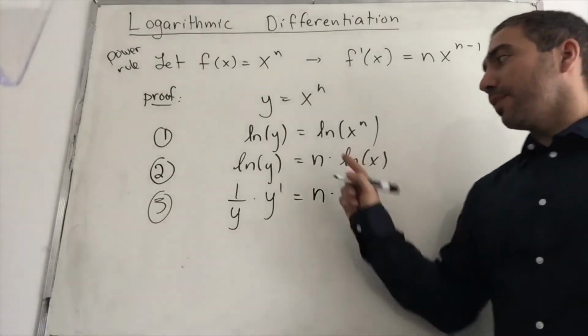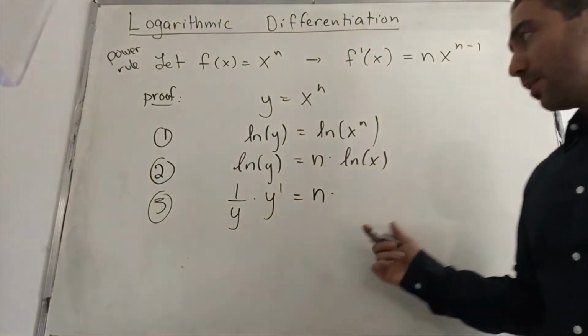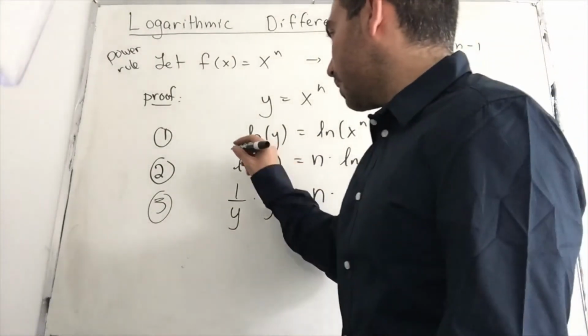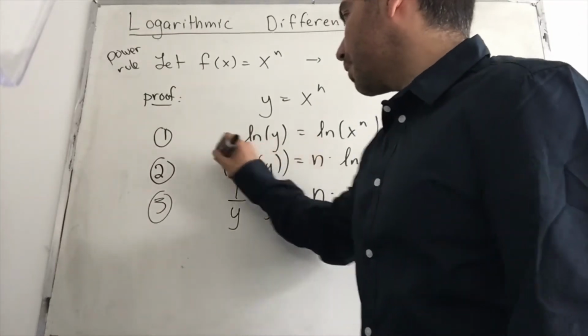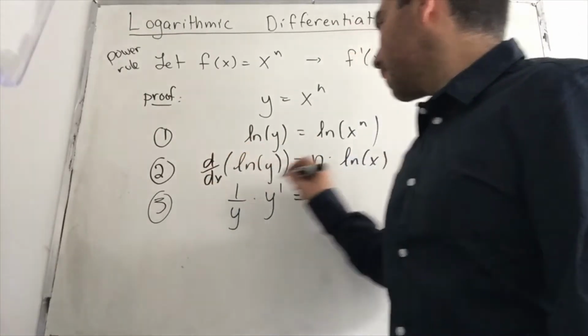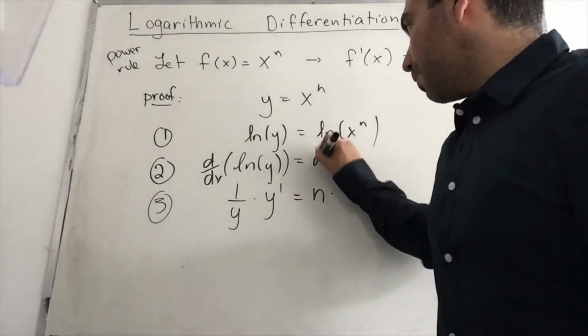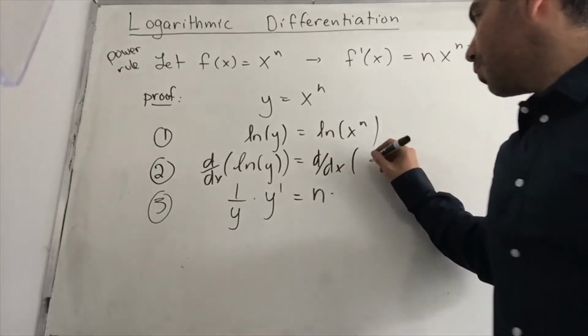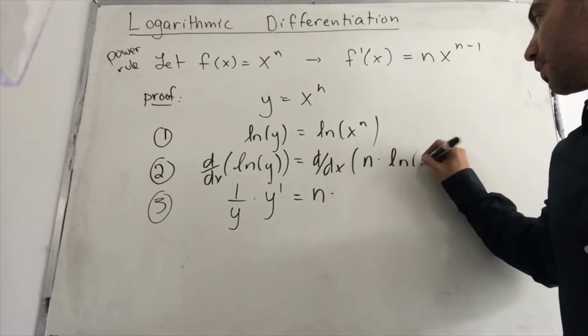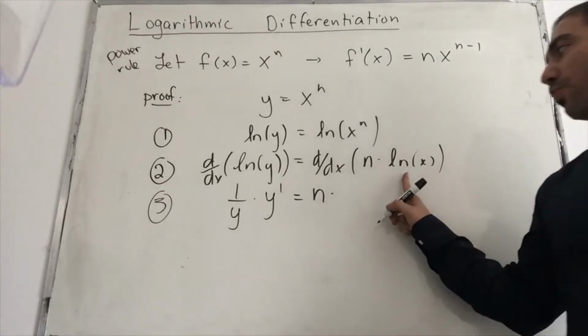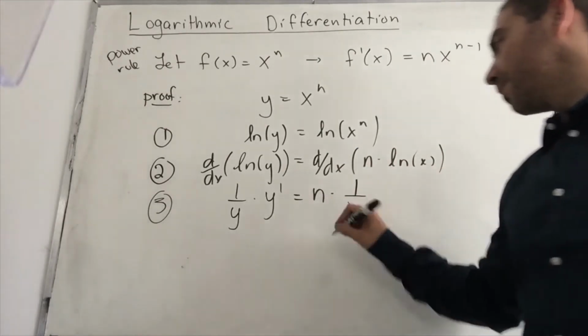And the derivative of ln of x, we're deriving with respect to x. Let me state that, I'm just going to add d dx. We're taking the derivative with respect to x of ln of x. So we get our constant, and then the derivative of ln of x we know is 1 over x.